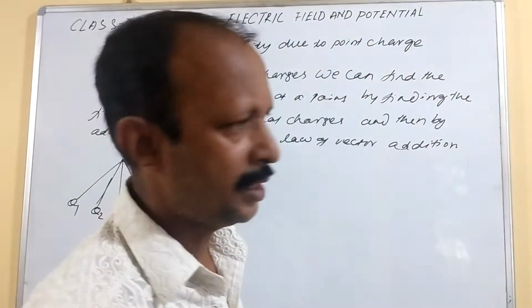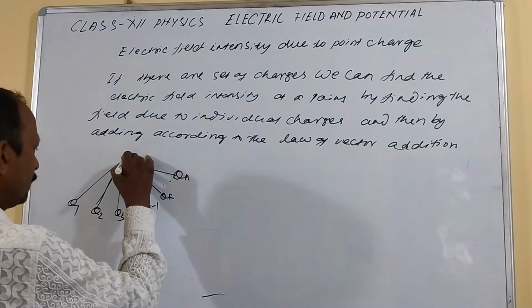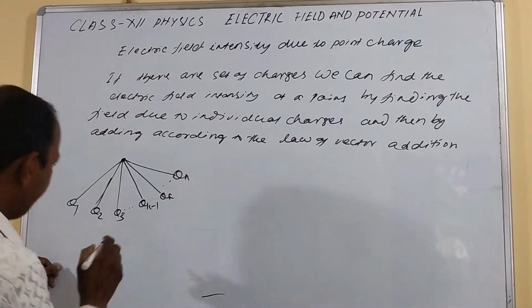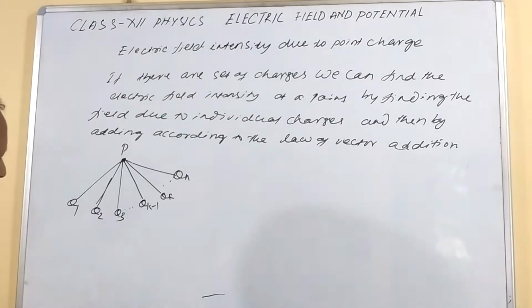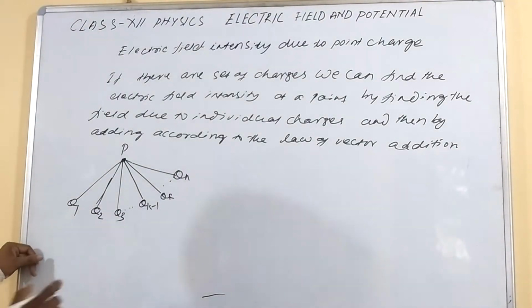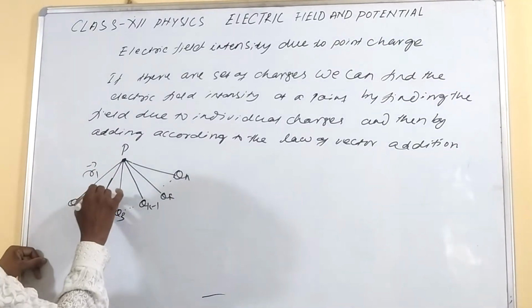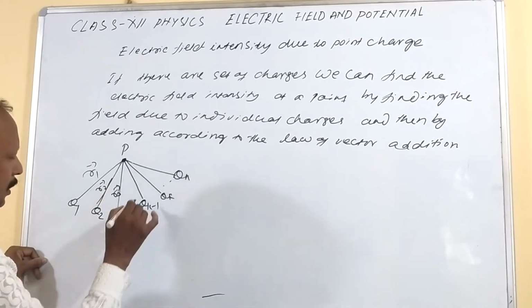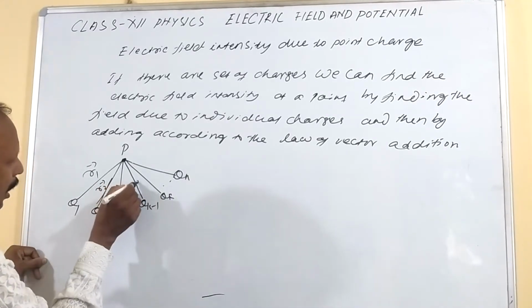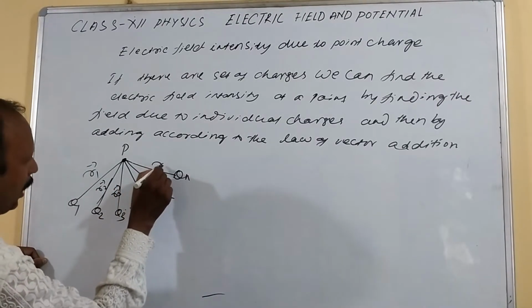I want to find the electric field intensity at this point P. Suppose this R1 stands for the position vector, R2, this is R3, this is Rk minus 1, Rk, Rn.